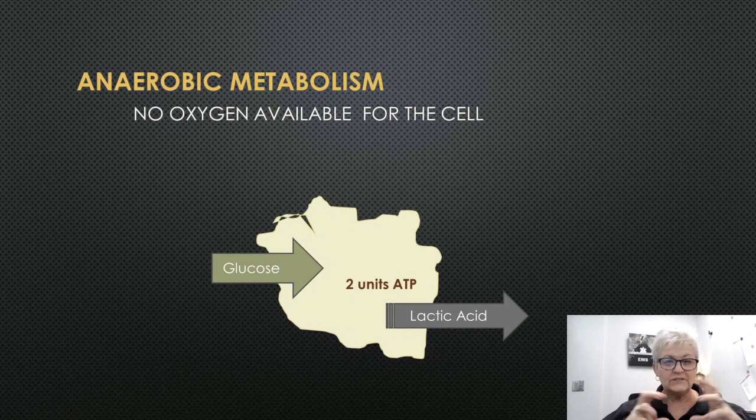The cell wall starts to leak and deteriorate. The lactic acid moves into the capillary outside of that, and it does the same thing to the capillary. It starts to break the wall down, make it leaky, and everything starts to go downhill in a very quick hurry. Okay, so that is anaerobic metabolism.